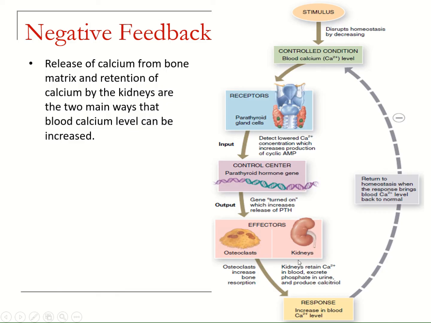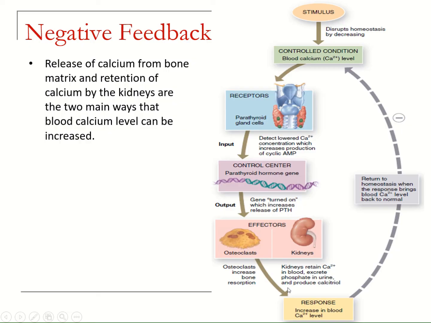And in your kidneys, the kidneys retain calcium in blood, excrete phosphate in urine, and produce calcitriol, thus also increasing your calcium level. Once there is a decrease in the calcium level because of the stimulus, it will be detected by your parathyroid gland cells, and there will be feedback wherein it will increase calcium through the effectors, your osteoclasts and kidneys.